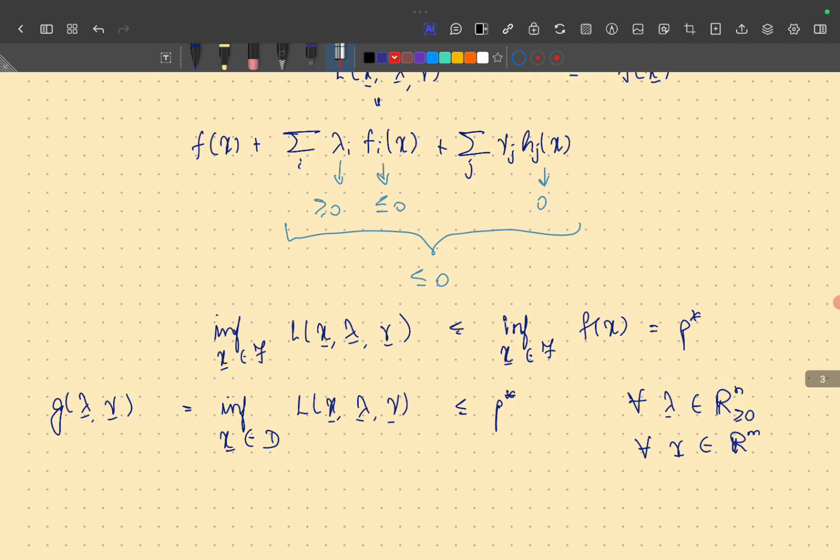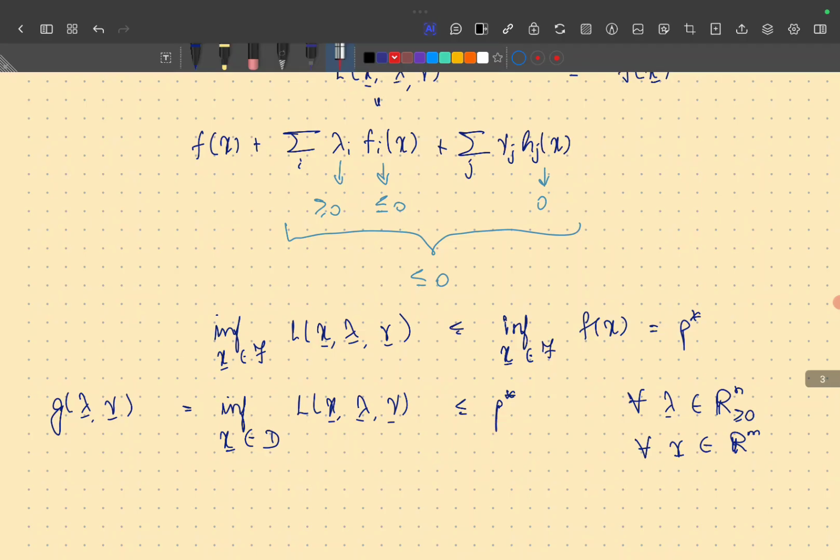It doesn't mean that I've simplified the optimization problem in any way. Again, this need not give me a solution to the actual optimization problem that I'm really interested in. But in any case, for as long as lambda is greater than or equal to 0, the Lagrange dual function is going to give me a lower bound on p star.